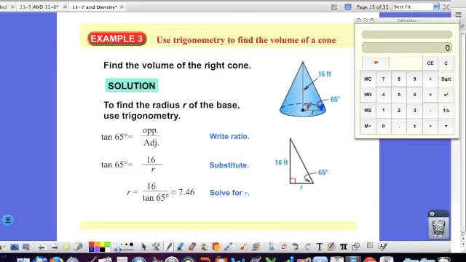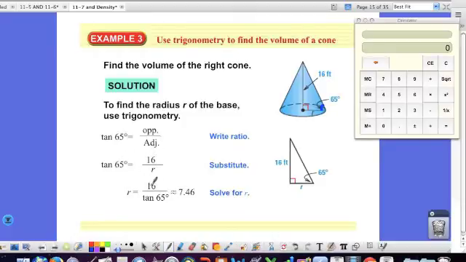But we do not know the radius. We want to find the side adjacent to the 65-degree angle, and we also have the side opposite. We do not have a length of the hypotenuse. So therefore, we're dealing with a tangent. So tangent of 65 is equal to opposite over adjacent.